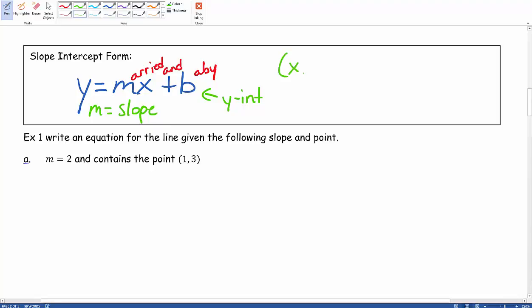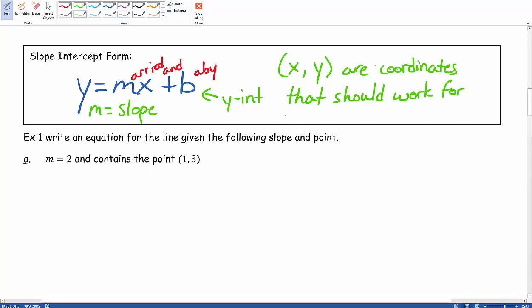So again, x and y are coordinates that should work for many points. So again, though, that is slope-intercept form.